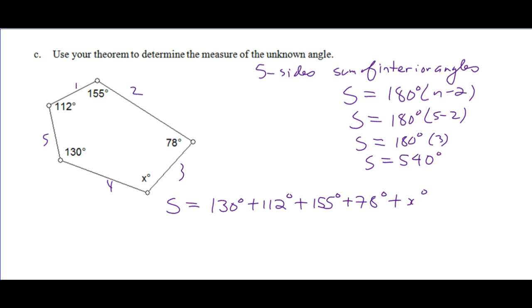We know the sum is 540 degrees, because it is a 5-sided polygon. So 130 plus 112 is 242, 247, 297, 397, 405, 475, plus x. What's x equal to? If we add 5, we get to 480, and then 60 gets us to 540. So 65 degrees.